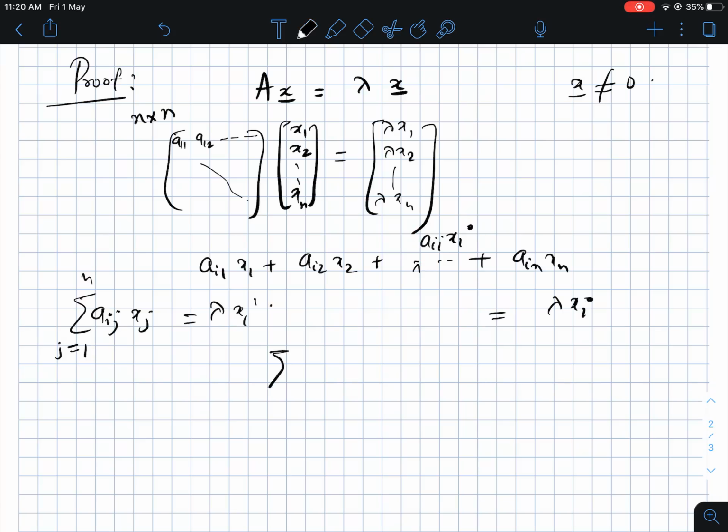So what I'll get is the summation of aij xj, where the summation is taken over all columns except the ith column. This will give us the radius term, the off diagonal entries, and it is equal to lambda minus aii times xi. That's what you will get.